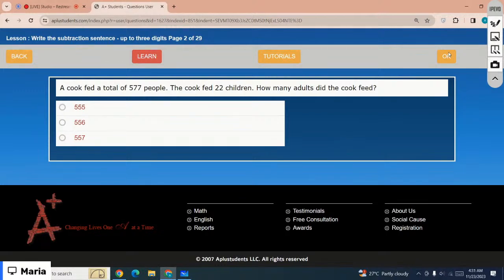A cook fed a total of 577 people. The cook fed 22 children.